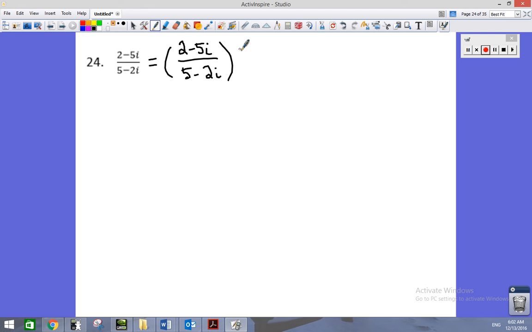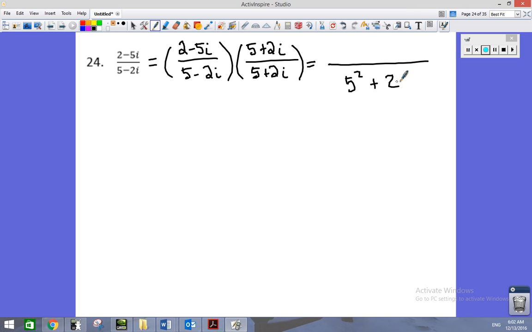Let's multiply by 1 using the complex conjugate of the denominator. You will get a squared plus b squared. And here, let's make a table real quick. I don't know how quick I'm doing this.